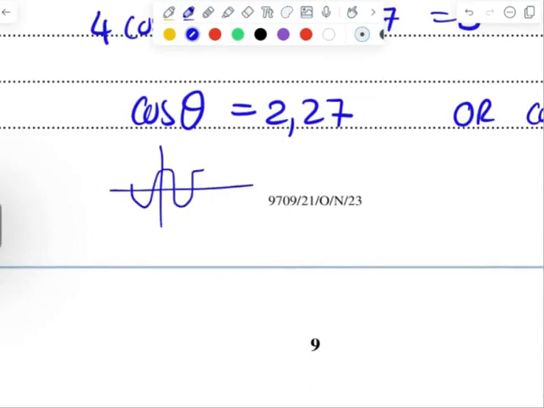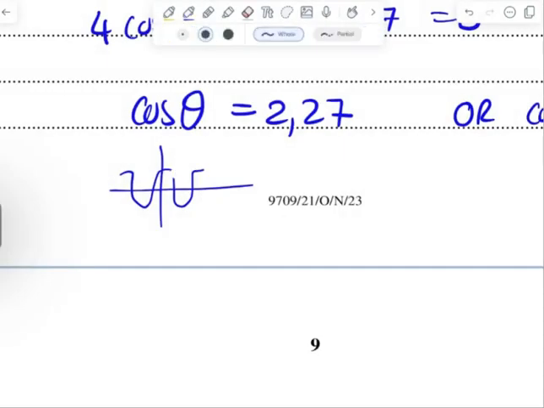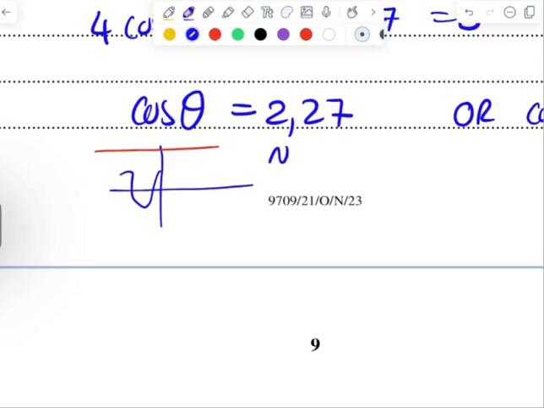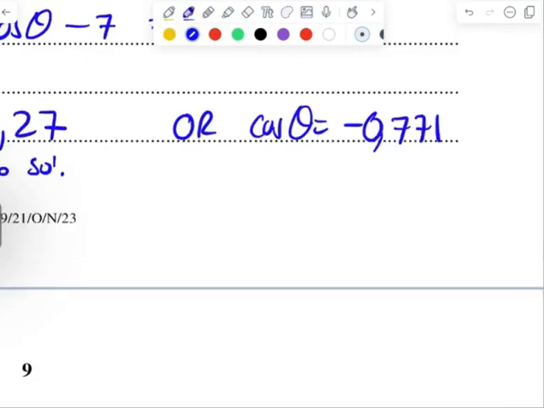In the negative domain, I'm only looking for answers on this side. They want to know where the cos graph is equal to 2.27. Can you see that there are no solutions? There's not going to be any solutions for this one because the graph does not intersect with 2.27.